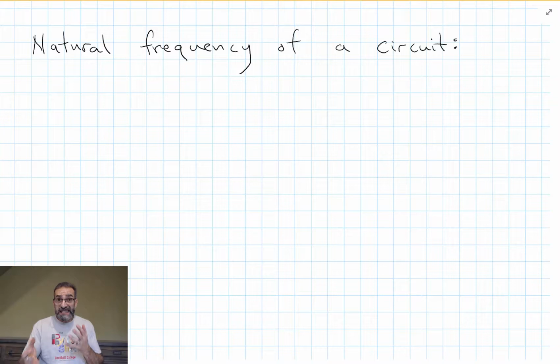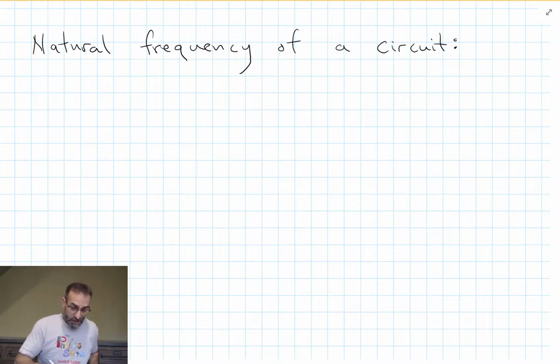Now, this oscillating effect doesn't have anything to do with the resistor. It has to do with the capacitor and the inductor and how they hand off the energy back and forth between the two of them. So we would expect the natural frequency of the circuit to depend on the capacitance and the inductance.